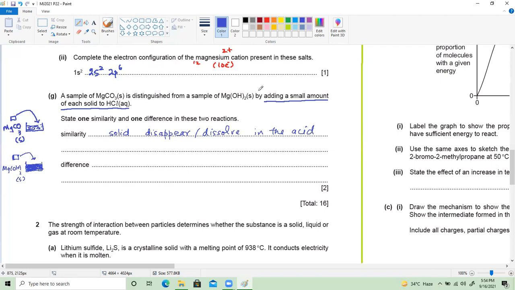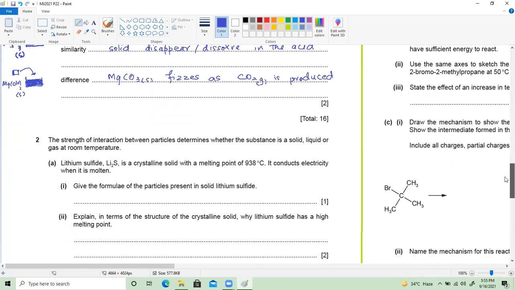Bubbles are observed if the reagent is carbonate, as carbon dioxide gas is produced. So this was question number 1, carrying 16 marks.